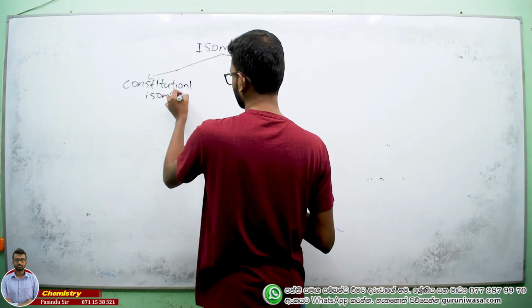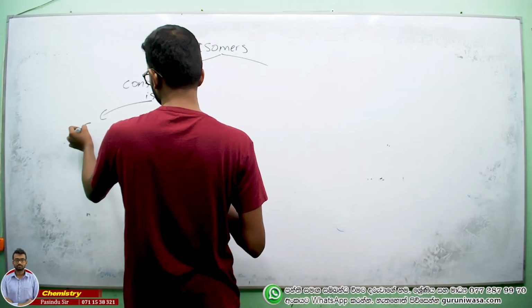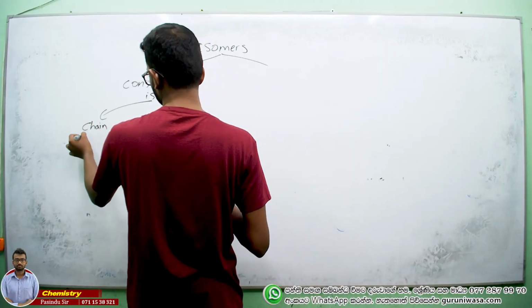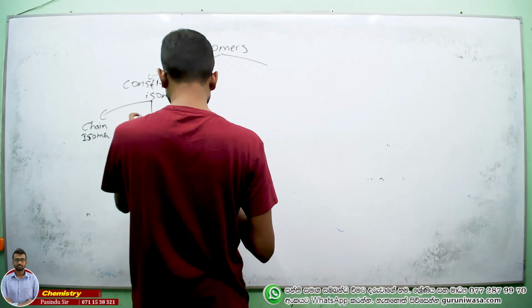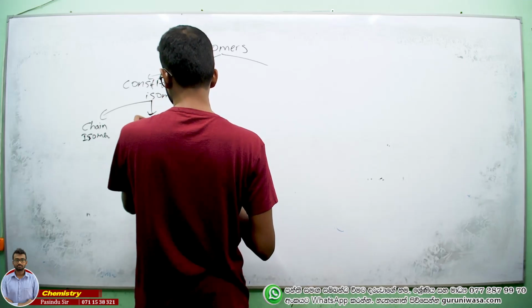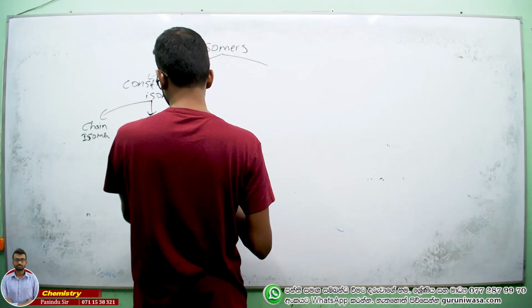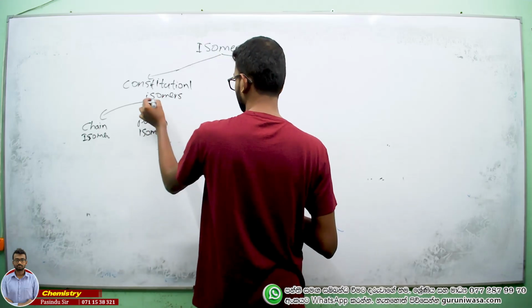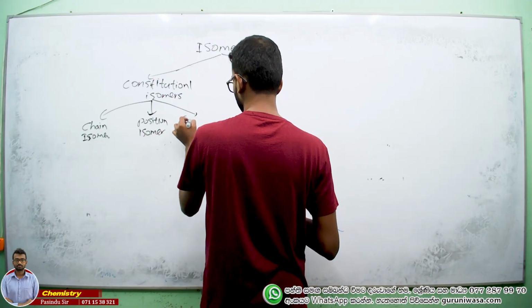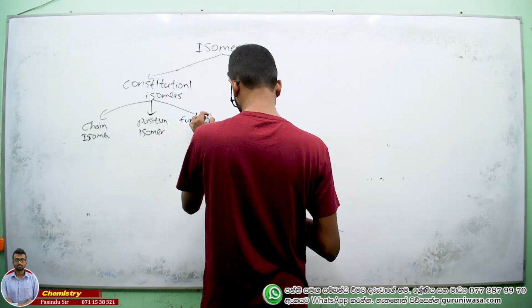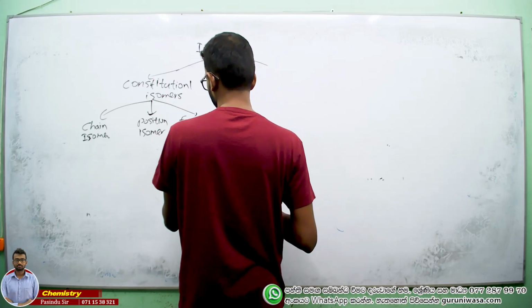So what are the categories? Chain isomers, then position isomers, functional group isomers.